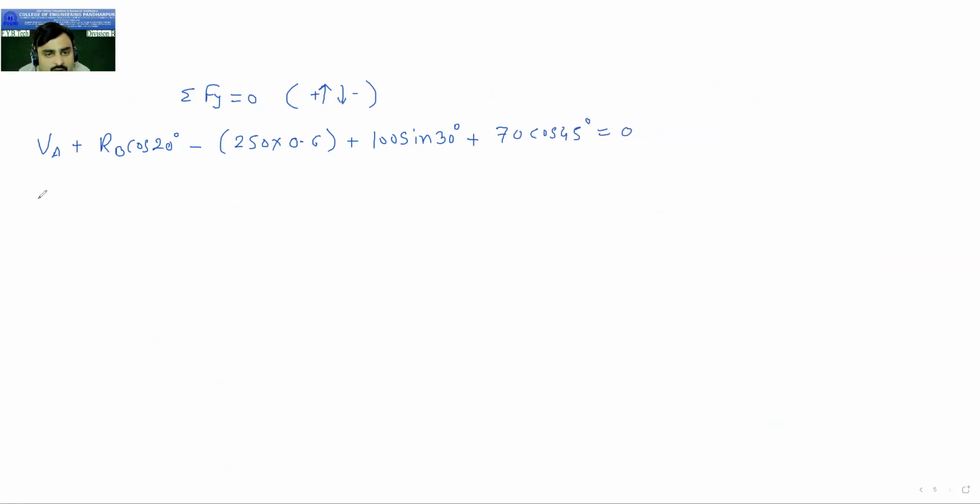Now put the value of RB, so you will get the value of VA. Therefore VA plus 156.5, you put the value and do the calculation. Let me know the final value.